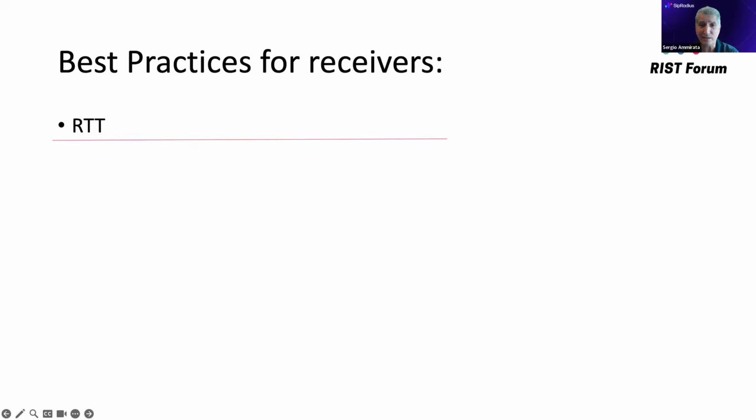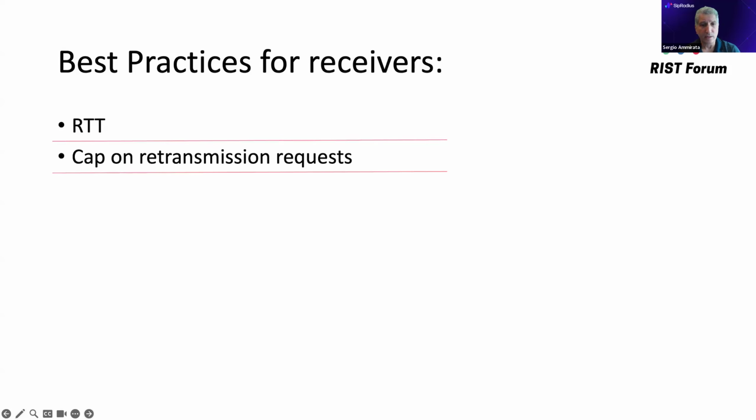So RTT is very important to have a quality measurement. You can look at our implementation like LibRIST. We do it 10 times a second. And you can actually make your buffer dynamic and be proportional to that measurement. Next. Retransmission requests, when the protocol is properly written, will be self-regulating given the size of the buffer.